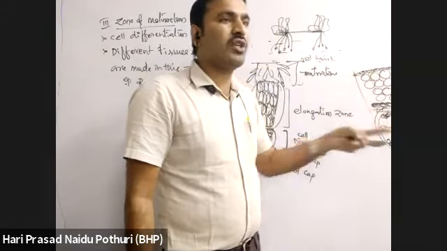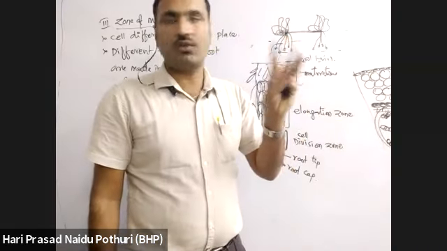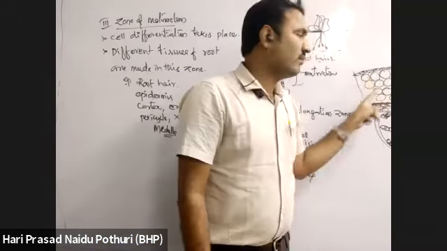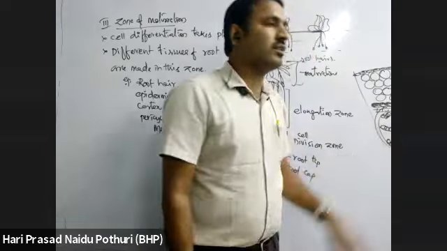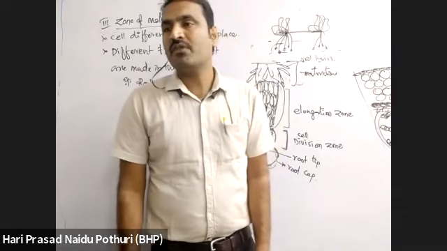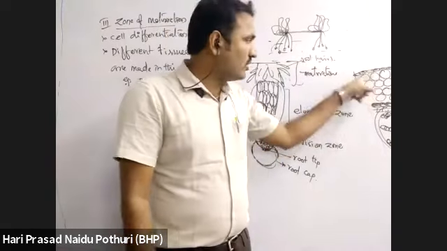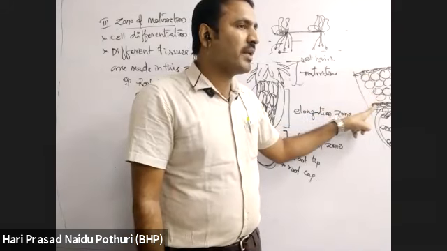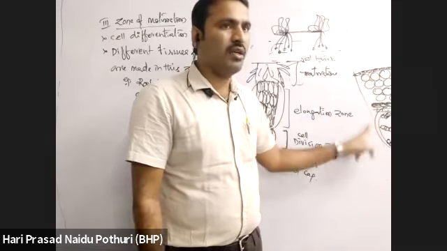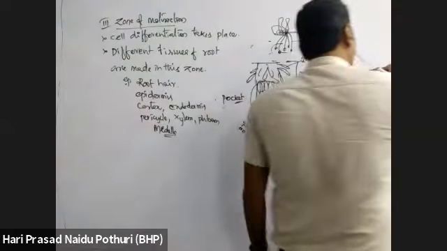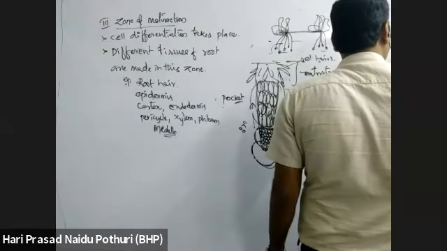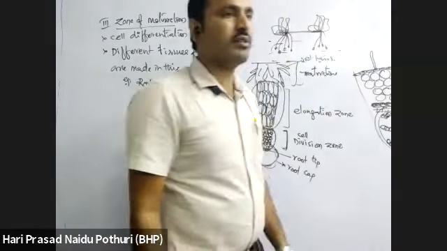These different tissues are majorly divided into three groups: epidermal tissue system, ground tissues, and vascular tissues. Vascular tissues include xylem and phloem. Ground tissues are cortex, endodermis, pericycle, and medulla. The epidermis has root hairs.